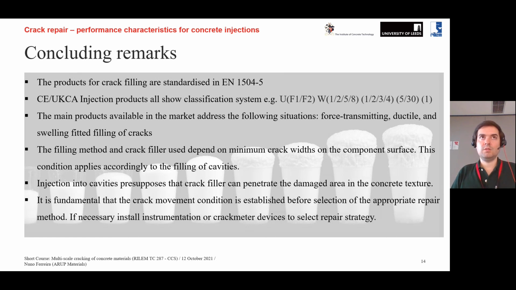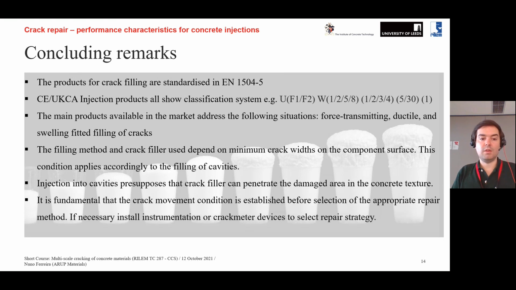Focus more on the investigation, on establishing the range of variance of the crack, and if necessary, install instrumentation to select a repair strategy. This is something we've done, and we highly recommend it, so that you can select the best approach for your project.